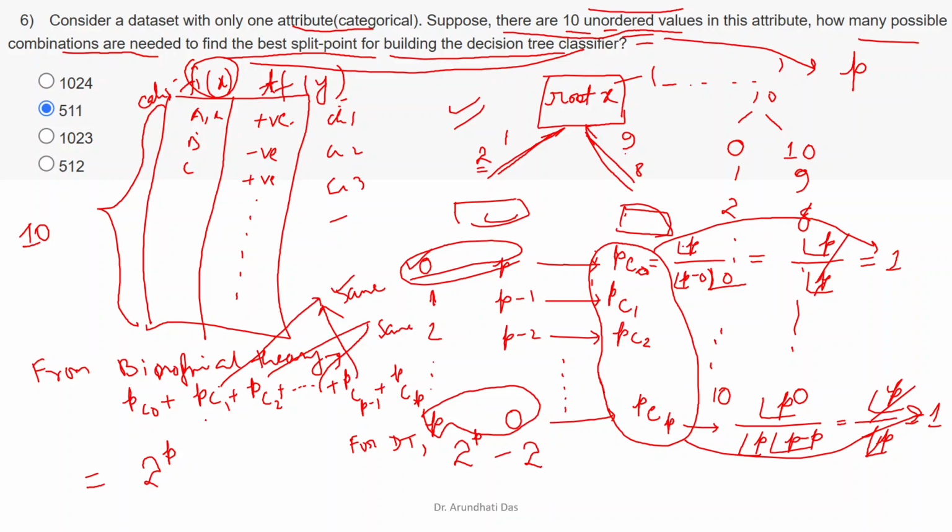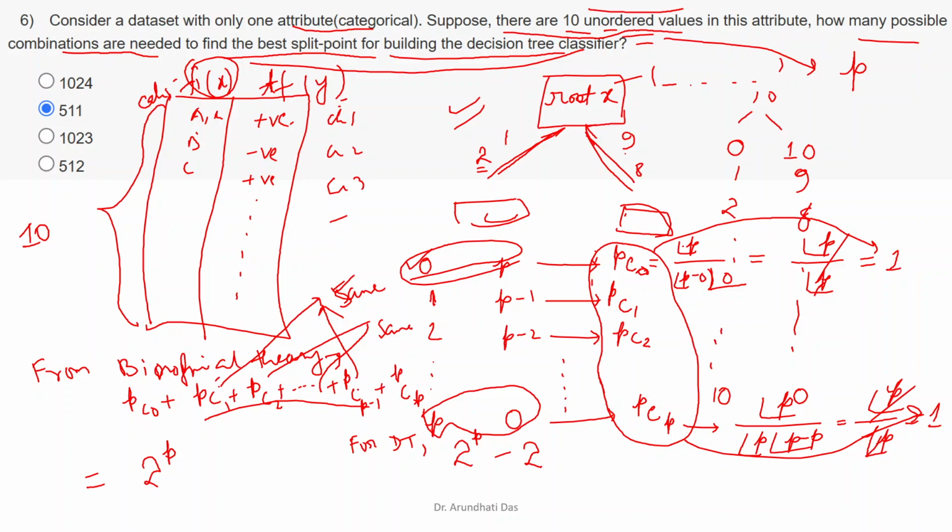So out of all the values, two of those will be the same and give me the same combinations. If I consider all the combinations of PC1 and all the combinations of P minus 1, they will be redundant.